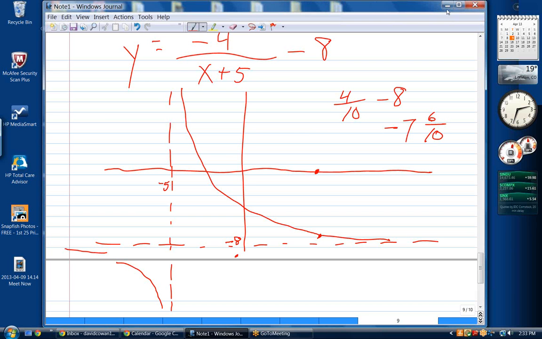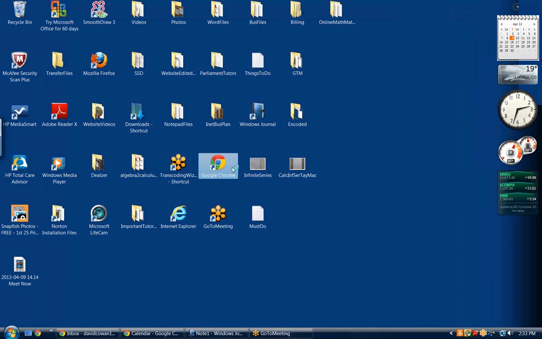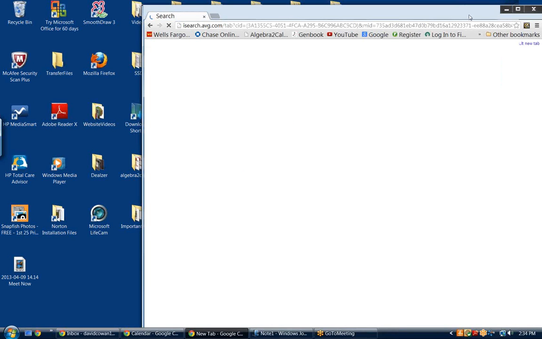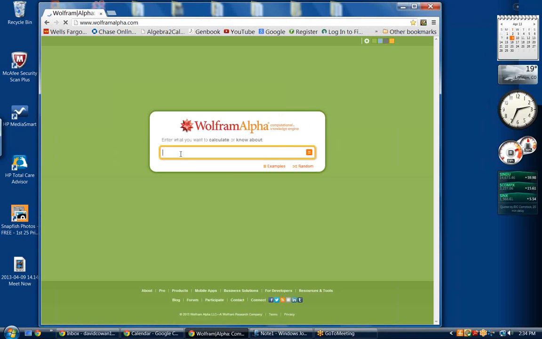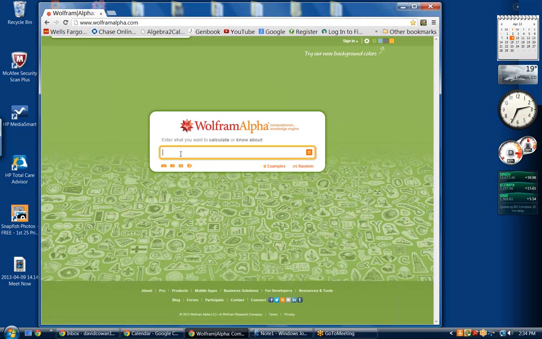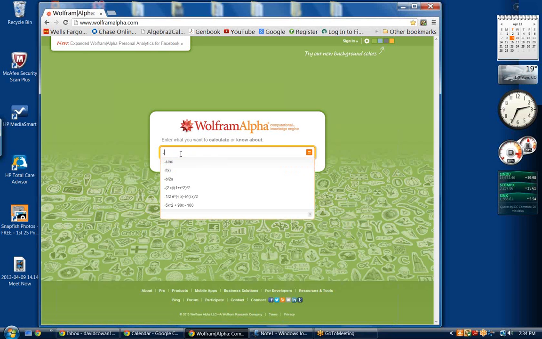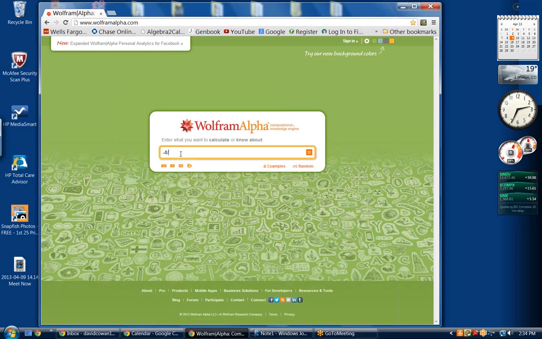Here, let's do something. Let's pull it up on my graphing calculator. Wolfram Alpha. And this is the function, which one are we doing? Minus 4 over x plus 5. Minus 4 divided by the quantity x plus 5, minus 8.